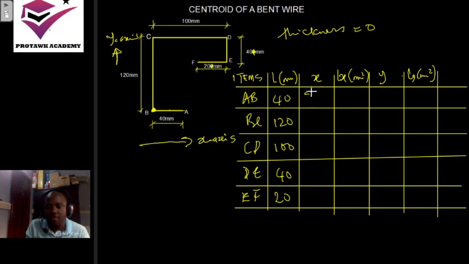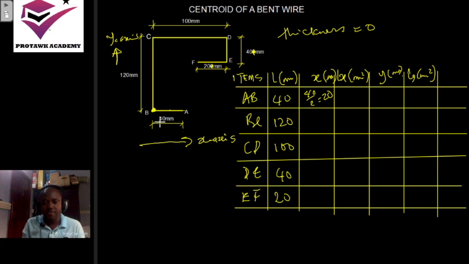So 40 over 2 is equal to 20, which is still in millimeter, not meter. The next one we need to consider is BC.